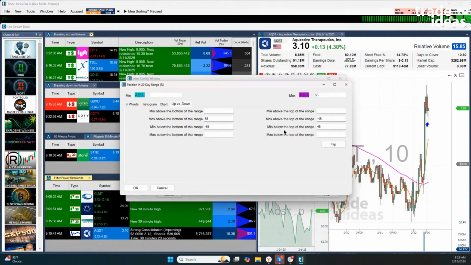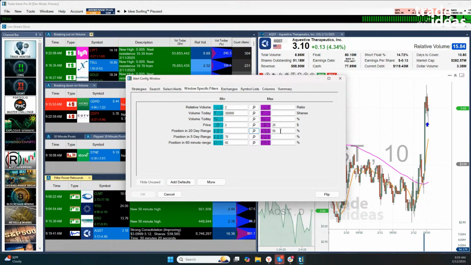Tells you what happens if you flip it. So I'm going to close this. 55. But look at this one right here. I just did it so that you can find some of the more interesting, cheaper stocks because that's what most people do. But it has nothing to do with anything.